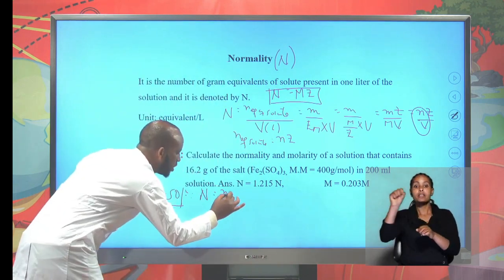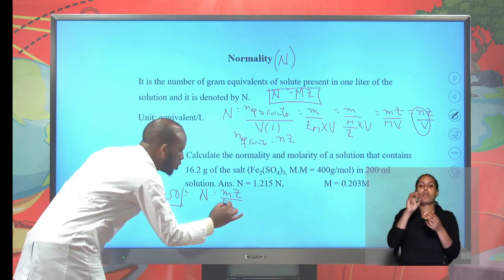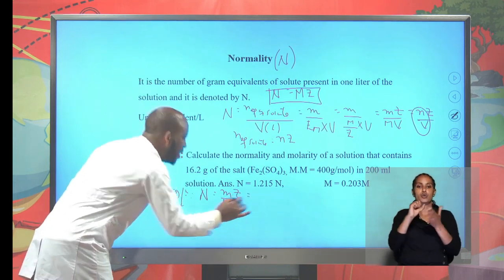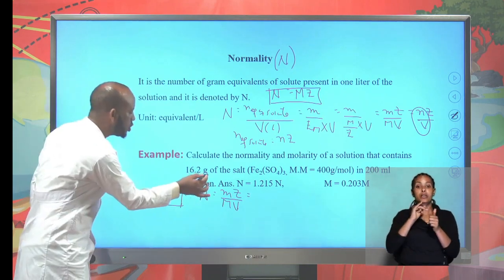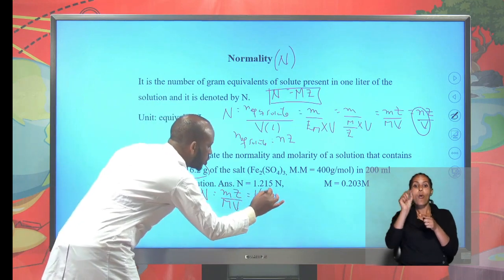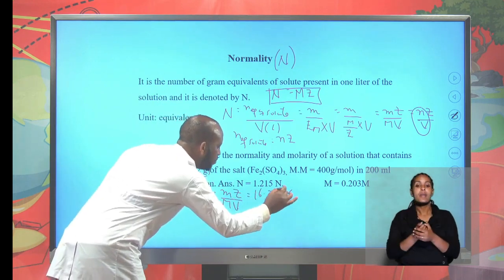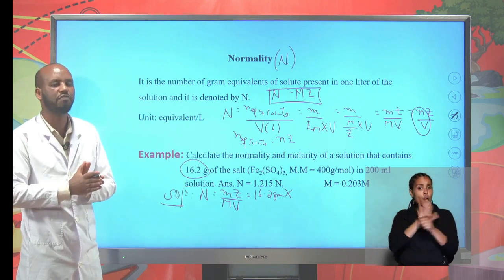Mass of the solute times Z divided by molar mass times volume of the solution, where small m is the mass of the solute, which is 16.2 gram, times Z. For a salt, Z is the total positive valence.